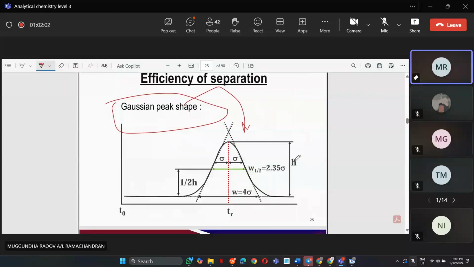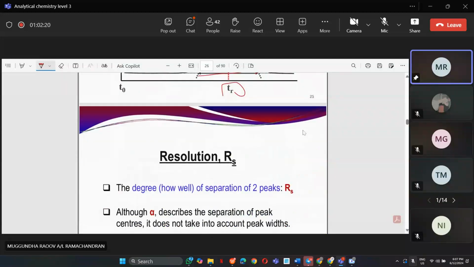This is the height, this is the retention time, and this W is the peak width. So this is the ideal shape of a peak. This is the efficiency of separation.